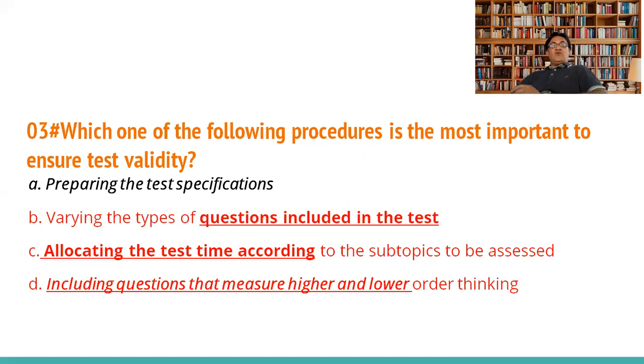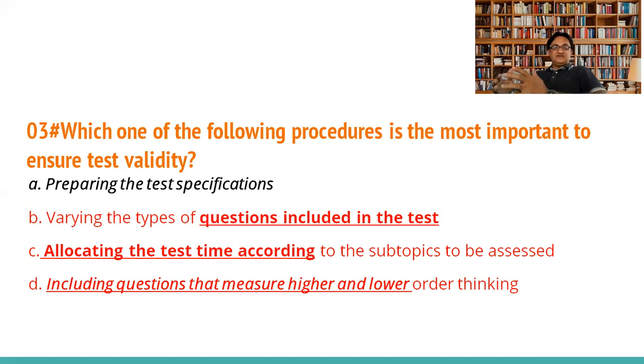Third one: which of the following procedures is the most important to ensure the test validity? Of course, test specification, right? What criteria you have to set that makes the validity of the test. Varying the types of questions doesn't matter, that's also specification. Allocating the test time accordingly is also test specification.